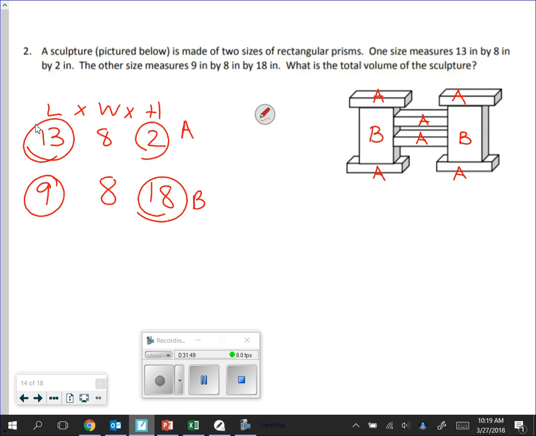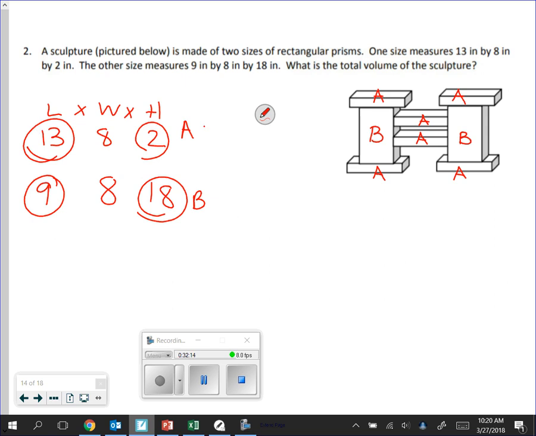Now you have to find the total volume of the entire shape. What would be a good strategy? You do the volume for one, and then multiply it by how many you have.